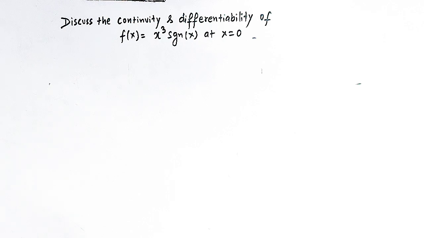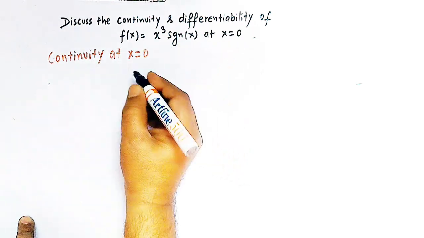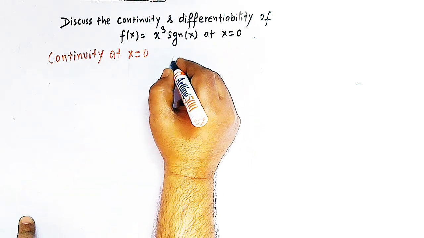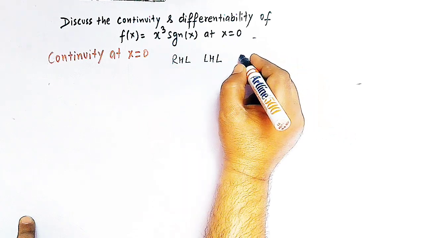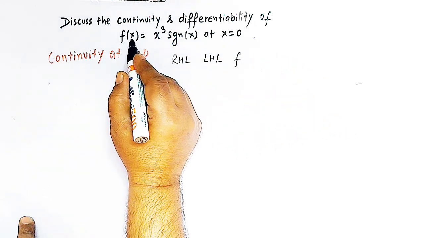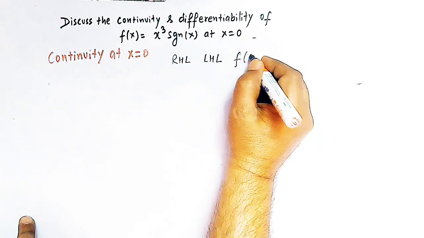So let us start. So now to discuss the continuity of this function at x is equal to 0, we'll find out the right hand limit, and then the left hand limit, and then the value of the function at this point, that is x is equal to 0.